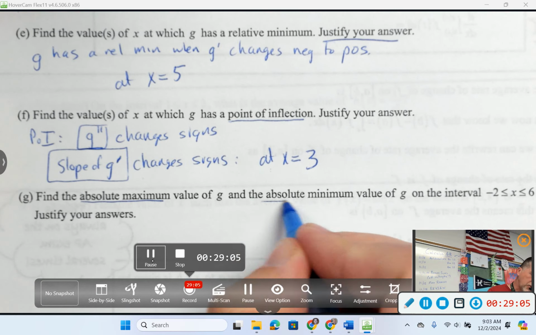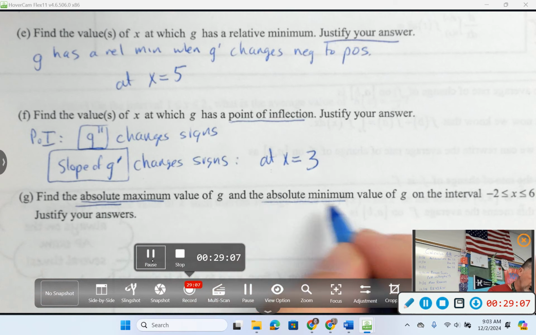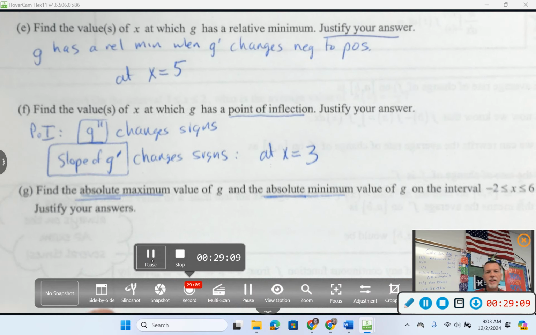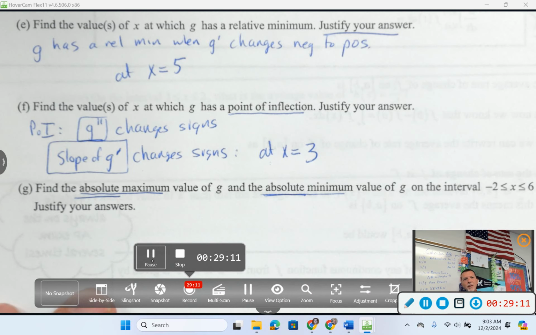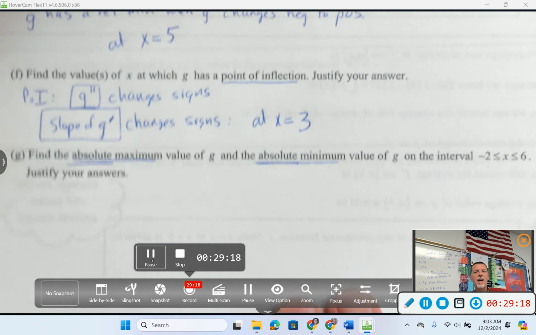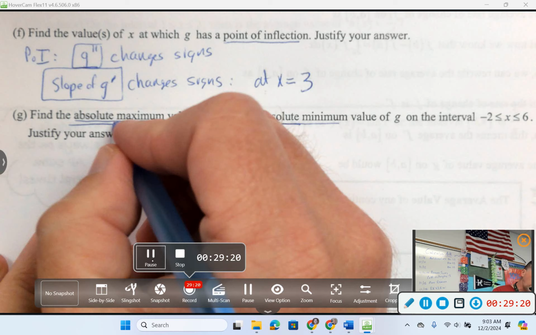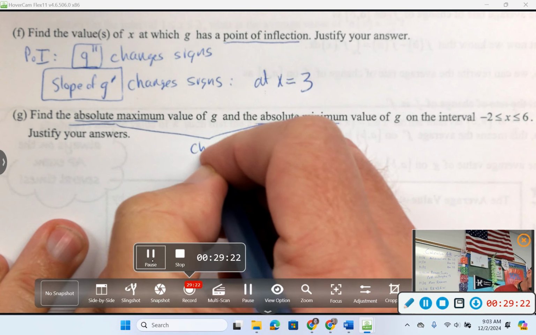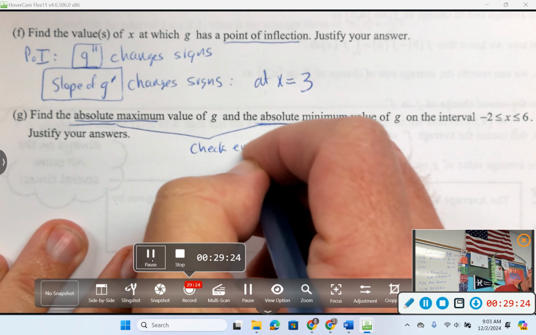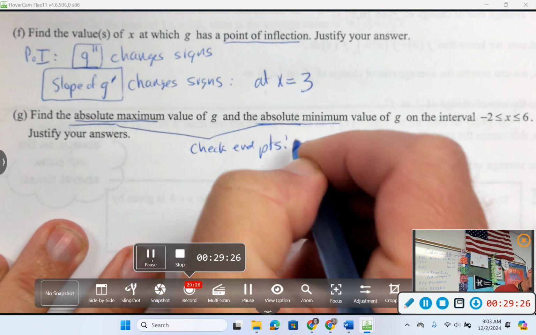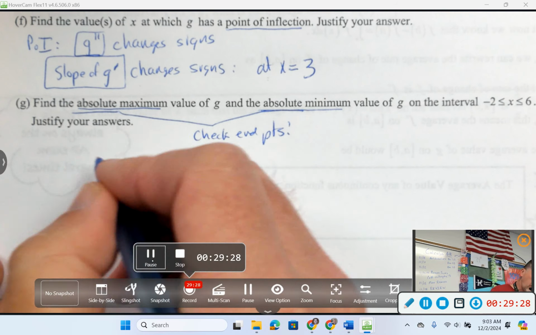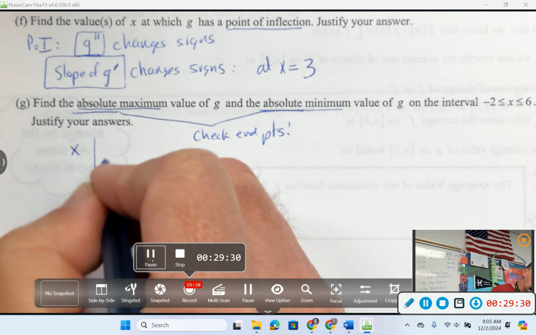Absolute max, absolute min. When you see the words absolute with max and min, you're supposed to make sure you think of what? Absolute means don't forget to check the endpoints. Okay, so let's just make a table of values here.